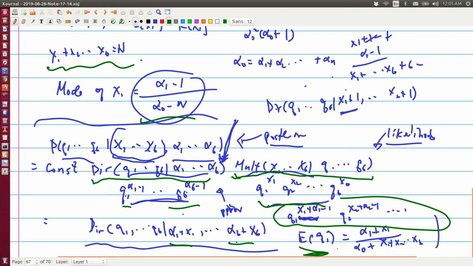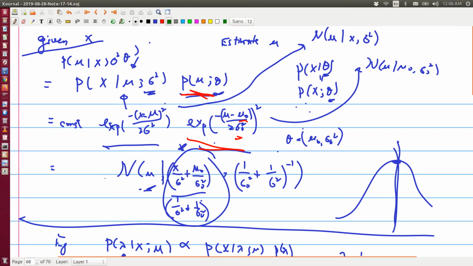The mean is just equal to alpha 1 plus x1 over the sum of all the parameters, so alpha 1 plus alpha 2 plus alpha 3 up to alpha 6, plus x1 plus x2 and so on up to x6. Here alpha 0 is just the sum of alpha 1 up to alpha 6, a shorthand notation we used earlier. So that's a very simple kind of inference for a multinomial likelihood and a Dirichlet prior.